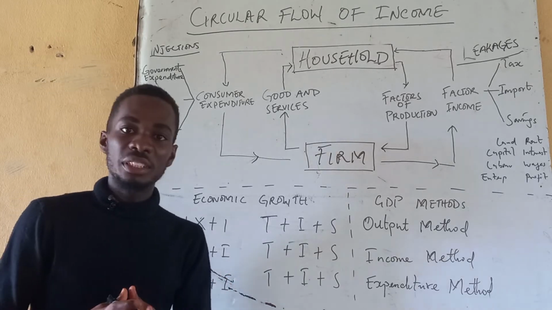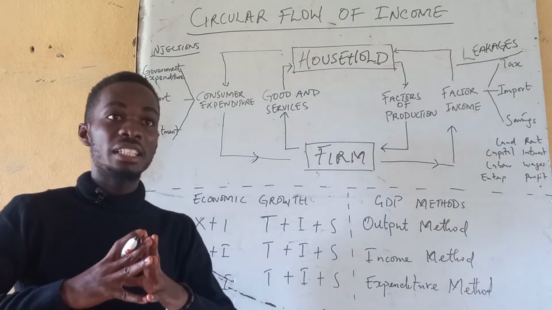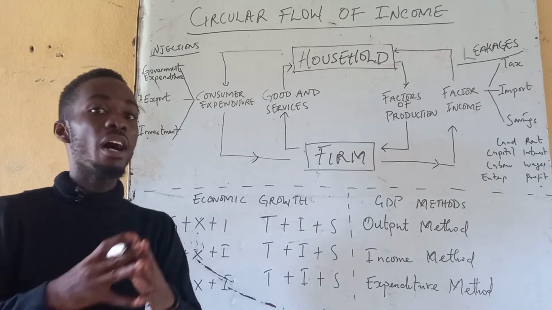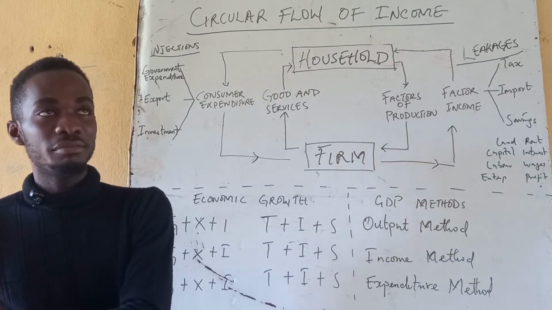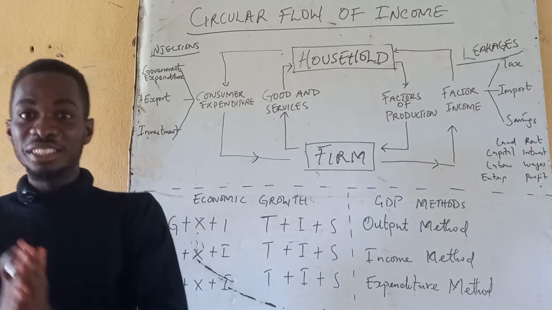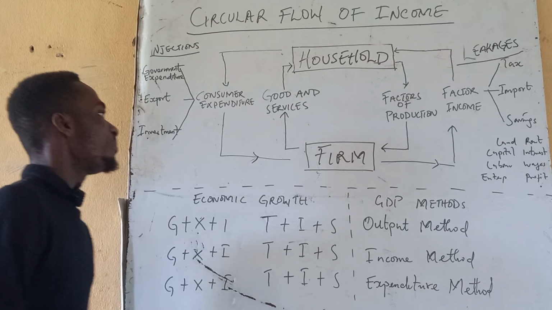So this time around, it is no longer just the household and the firm, and no longer just household, firm, and government. It is now household, firm, government, and the foreign countries or the international economy at large. Hope we get that.